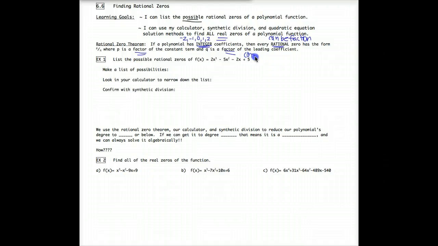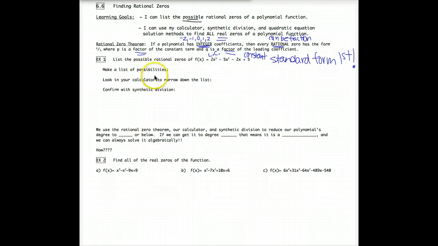So we're going to illustrate that using example 1. In this polynomial, which is in standard form, make sure it's in standard form first. So I'll write that down, standard form first, so that you don't get confused on your constant and leading coefficient. My constant here is 5, my leading coefficient is 2.